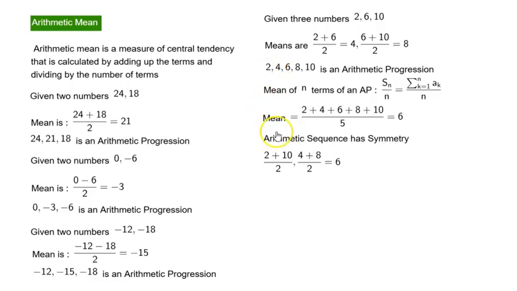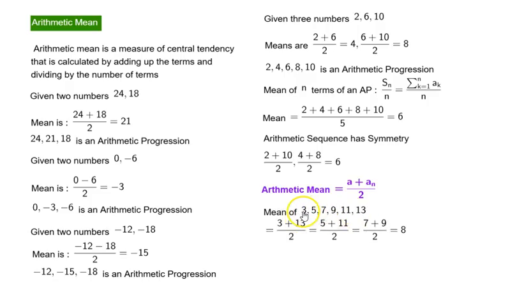For example, 4 and 8: 4 is the second term from the left, 8 is the second term from the right. So the arithmetic mean is equal to (a + a sub n)/2. Here we are taking a as the first term, a sub n as the last term, divided by 2. We don't have to bother with any of the intermediate terms if we know that the sequence is an arithmetic progression.